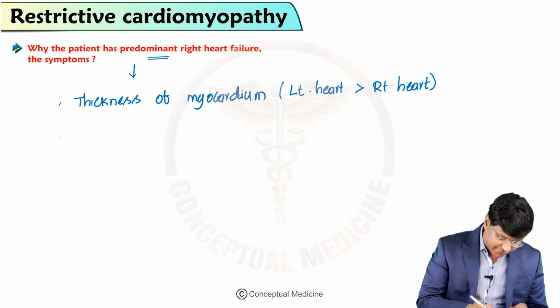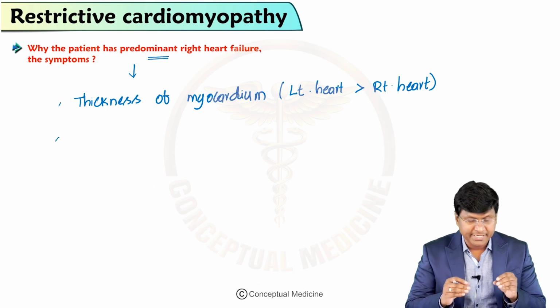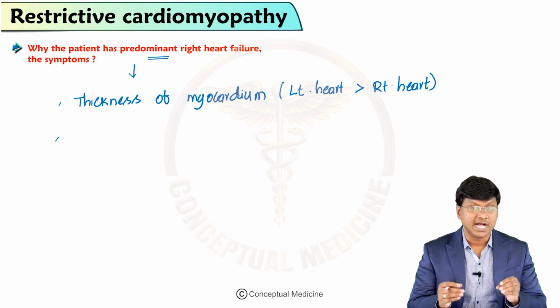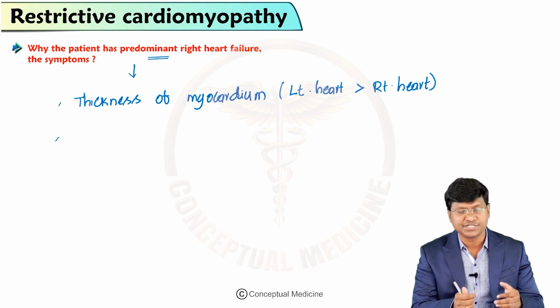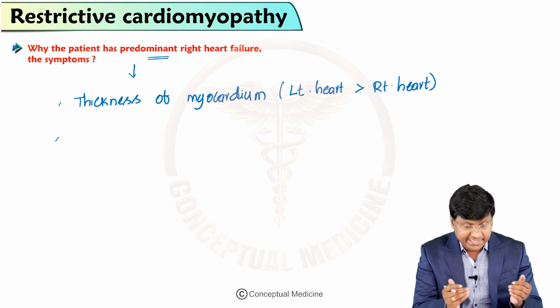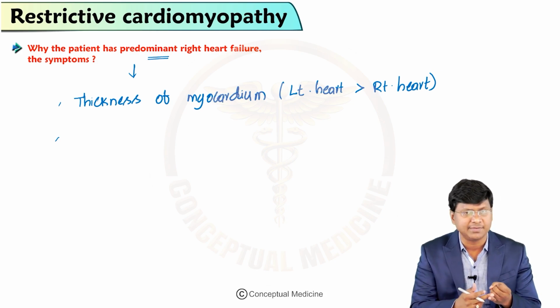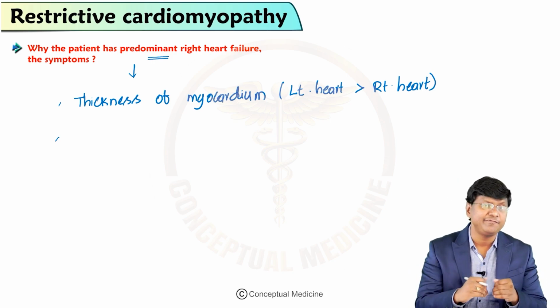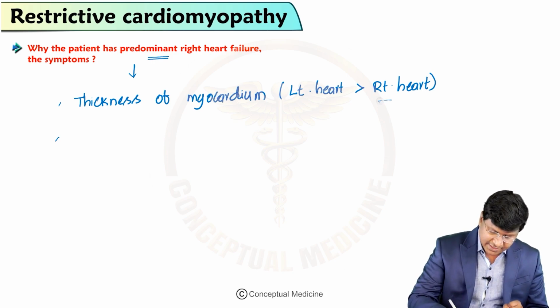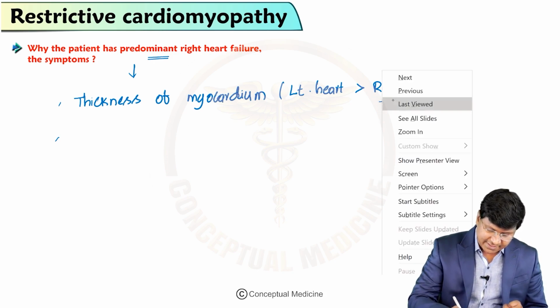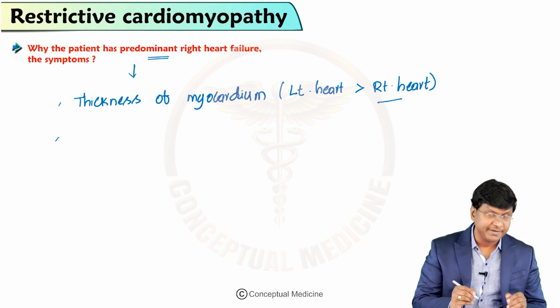So, in restrictive cardiomyopathy, the majority of the manifestations are mainly because of infiltration, right? The etiology of restrictive cardiomyopathy is mainly infiltrative pathologies, like amyloidosis, sarcoidosis, or radiation. The right side of the heart is thin compared to the left side.